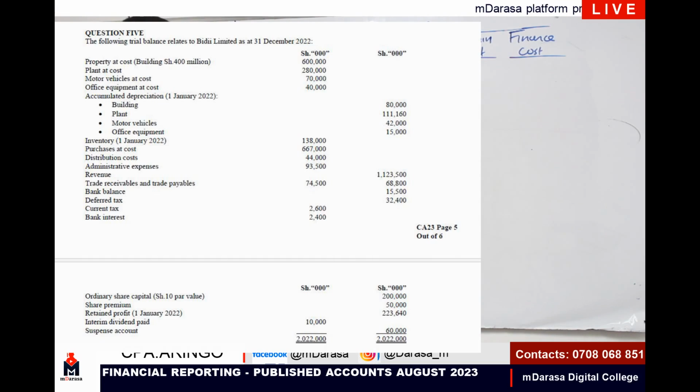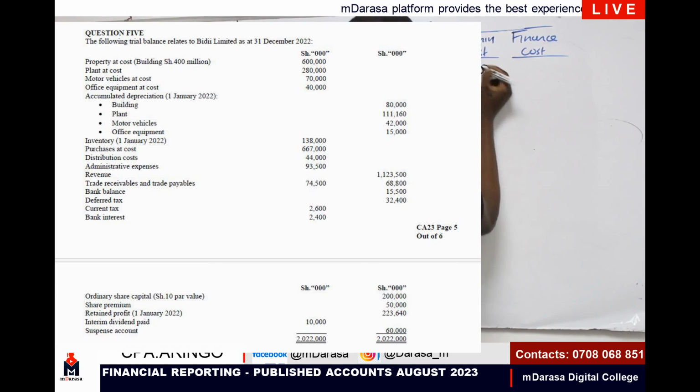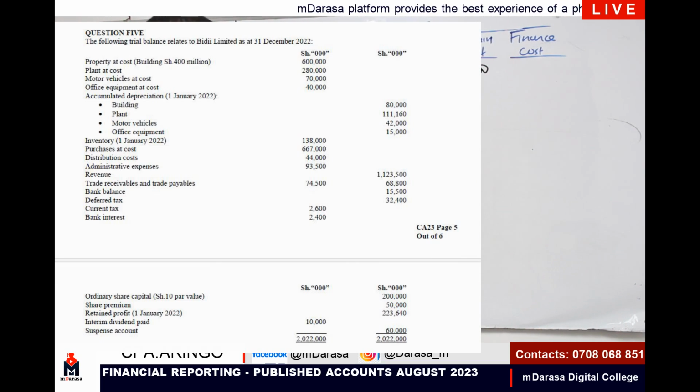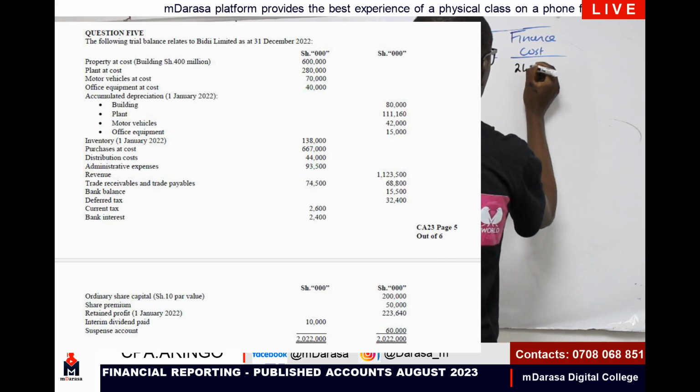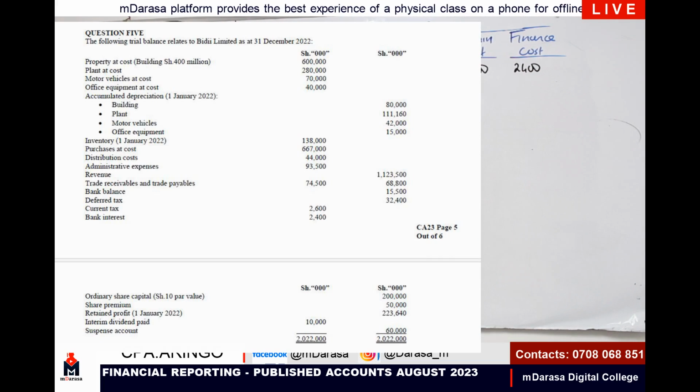My paper is telling me I had 93,500. What about finance cost? My paper is telling me that finance cost here, I can see bank interest, I'm having 2,400. So literally, we are copying and pasting the way it is.